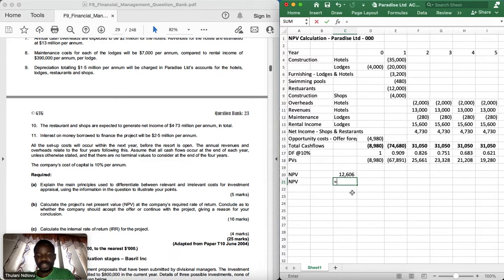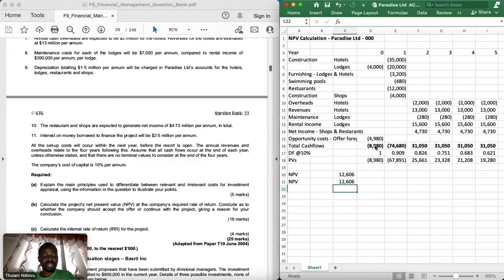Then when using a computer-based approach, we can use the NPV function from Excel. We'll say equals NPV, what is the rate, the discount rate, which is 10%. Then what are the cash flows? Mind you, you should take the cash flows from year 1 up to year 5 only. Then out of them, you subtract the initial investment, the cash flows from year 0.